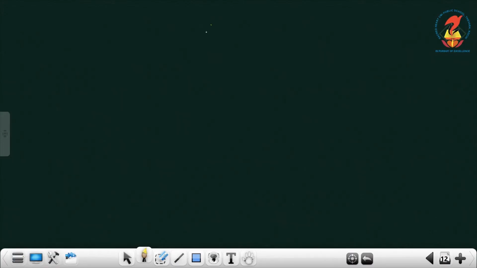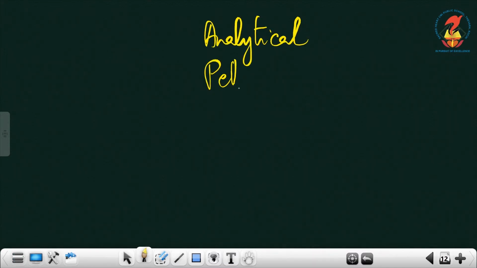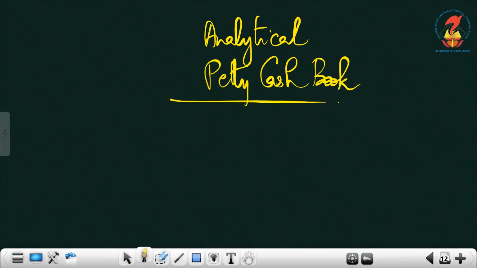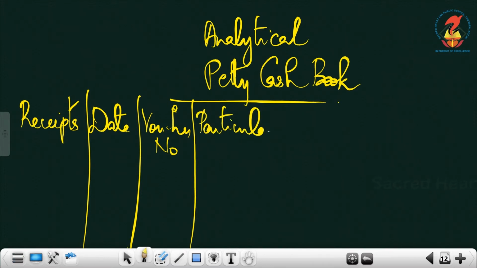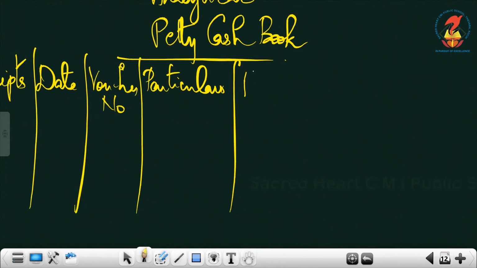The first one is receipts. Then we have a column for date, then voucher number, like in the actual format of cash book, particulars, total payments.